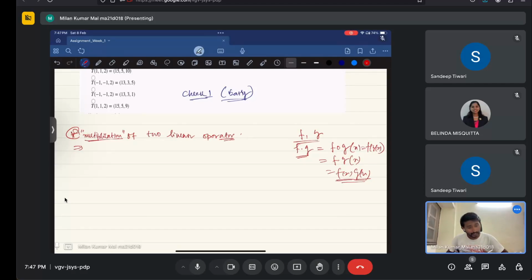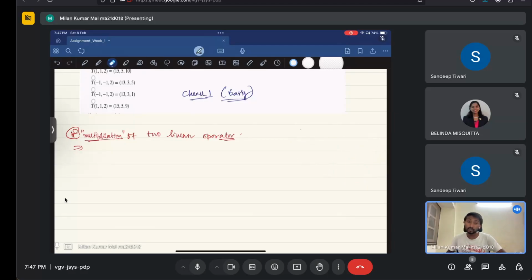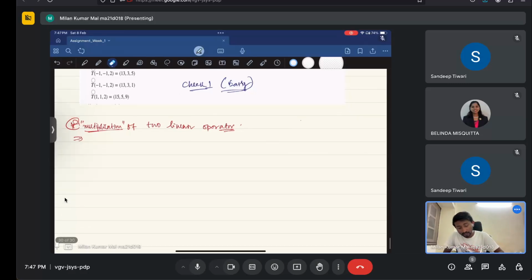So the only option left is composition. Composition need not always be multiplication in an algebraic structure, but in a vector space it is.